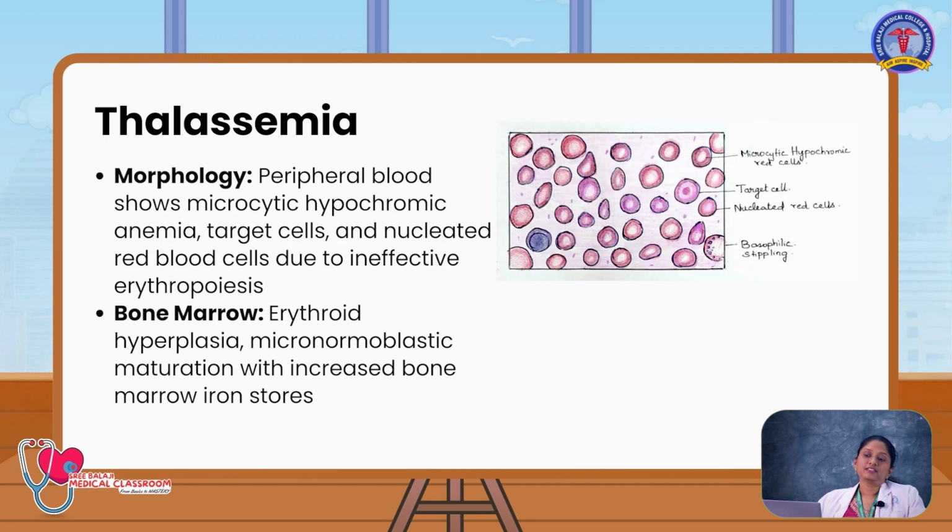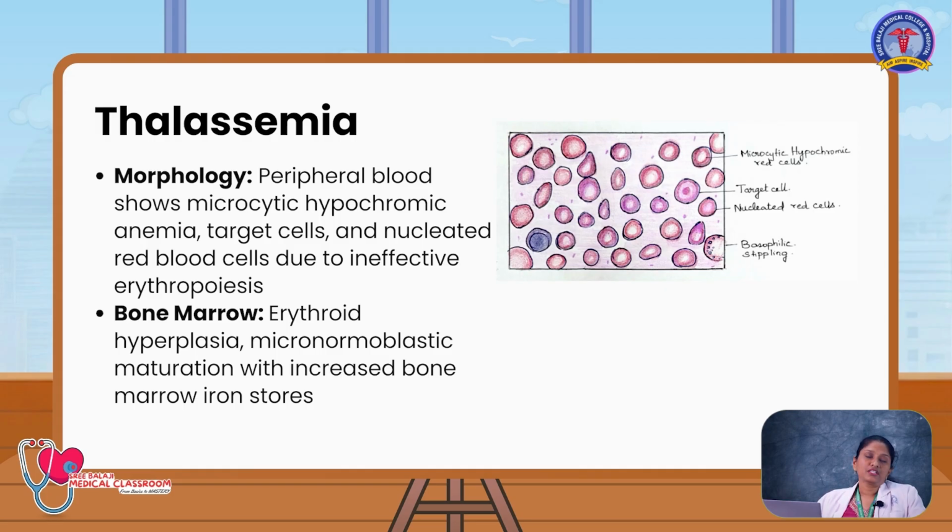Morphologically, in case of thalassemia, the peripheral blood shows microcytic hypochromic cells. In addition to that, we can see a large number of target cells and nucleated RBCs due to ineffective erythropoiesis. In the bone marrow, we can appreciate erythroid hyperplasia, micronormoblastic maturation and increased bone marrow iron stores.